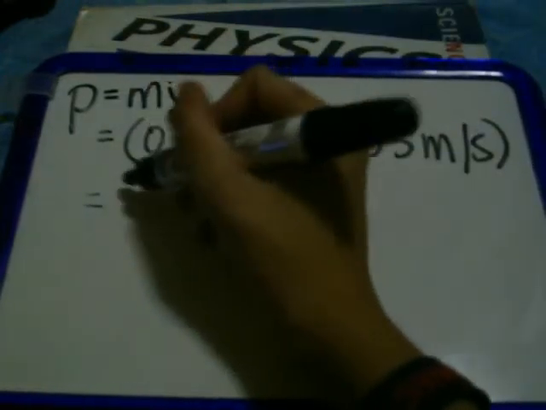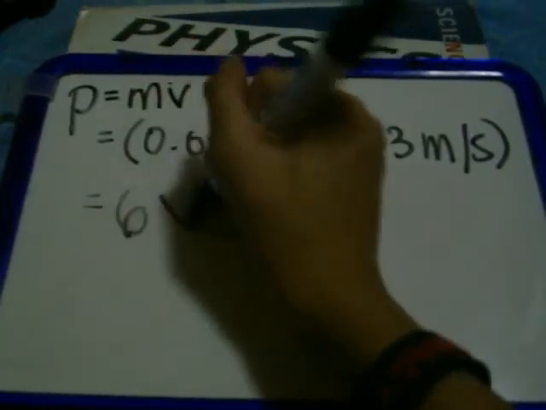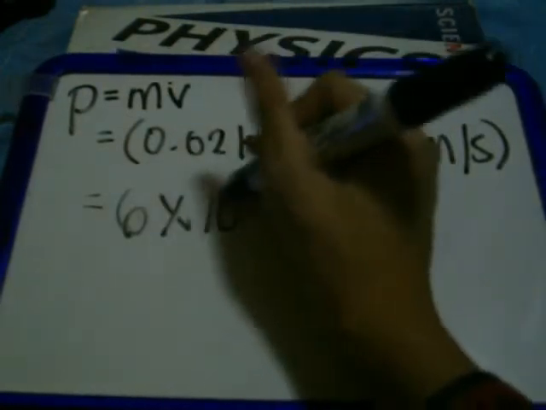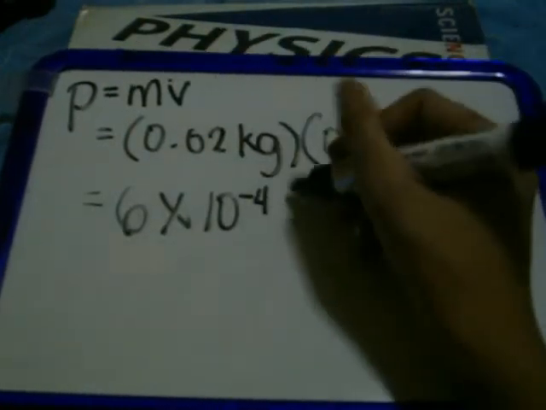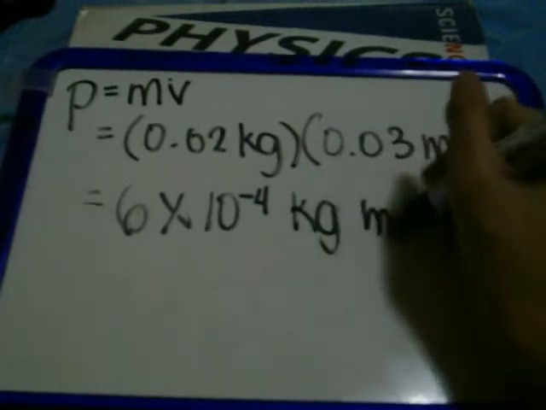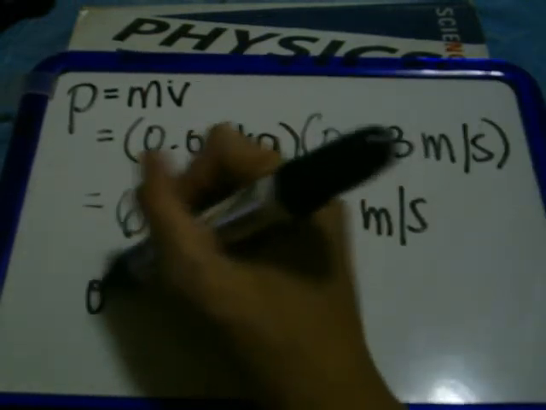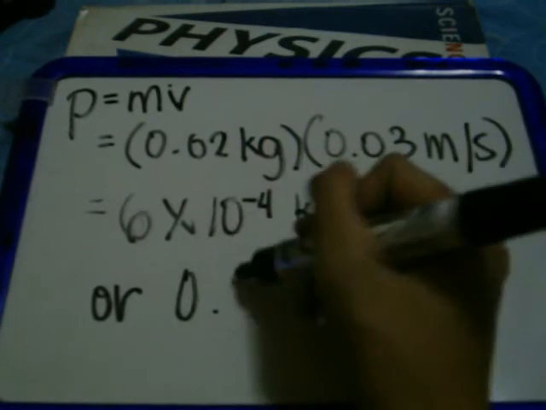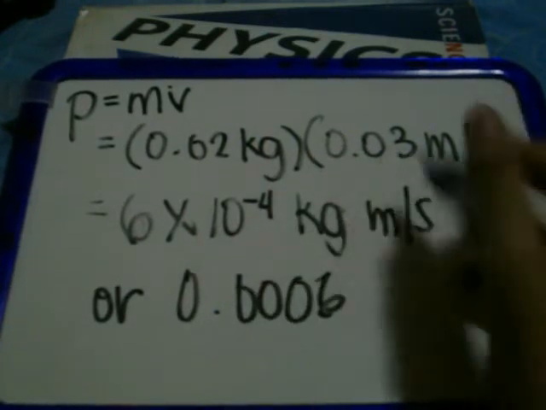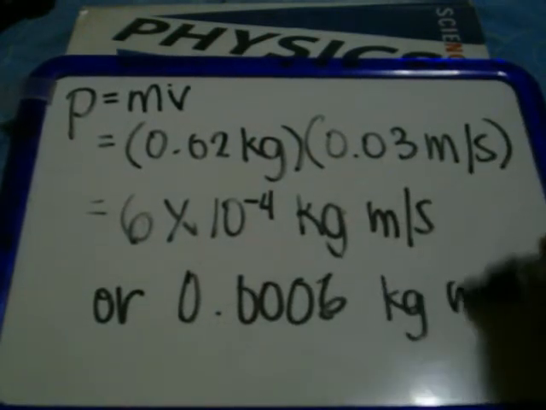So our momentum is equal to 6 times 10 to the negative 4 kilogram-meter per second, or 0.0006 kilogram-meter per second.